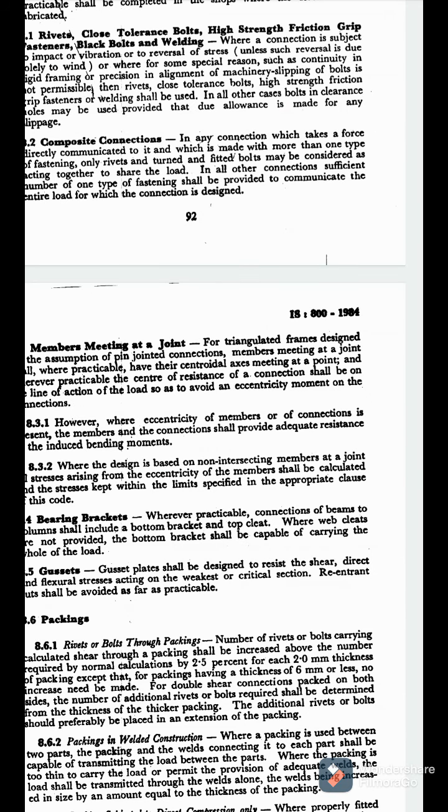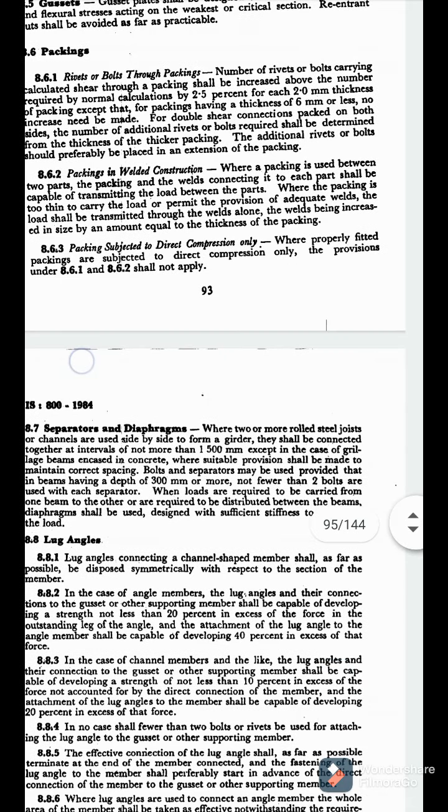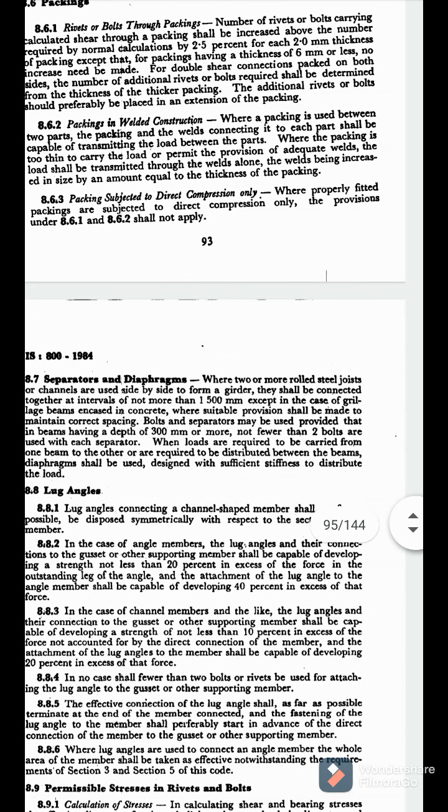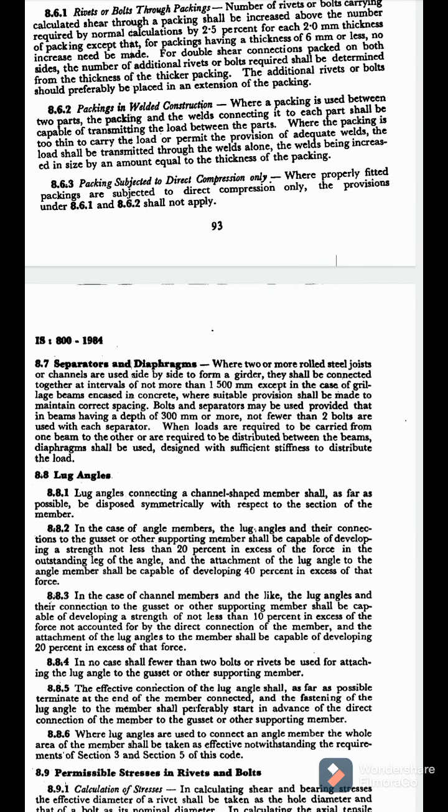Okay, let's start again here. This is the separator and diaphragm. Separator, as already discussed, when our member is long, we are going to provide the separator between them. So here 8.7 deals with separators and diaphragms, where two or more rolled steel joists or channels are used side by side to form a girder.